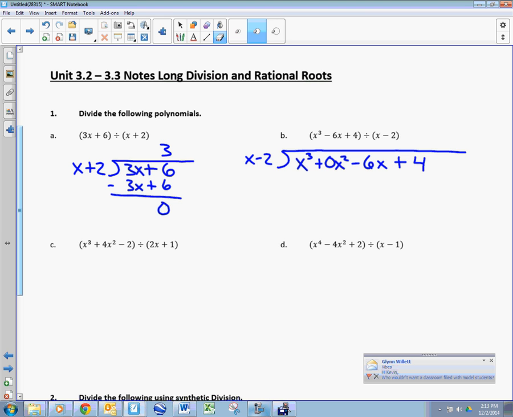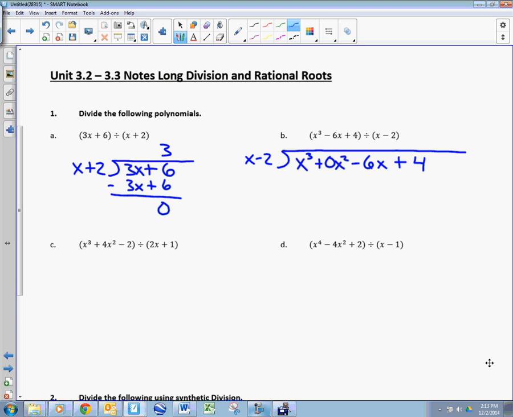So, x minus 2. X times what is x to the third? X squared. That's quadratic, so it goes over the squared term. Multiply, we get x to the third minus 2x squared. I subtract. What is 0x squared minus negative 2x squared? Positive 2x squared.